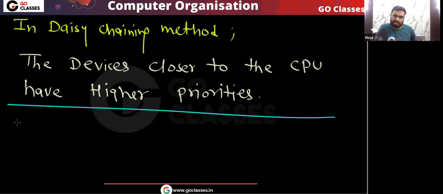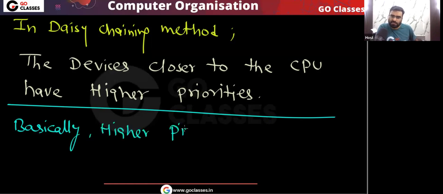The same statement you can write in a different way. You can simply say that basically high priority devices, or I can say higher priority devices, are closer to the CPU.